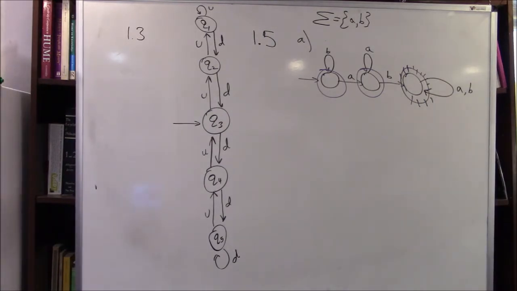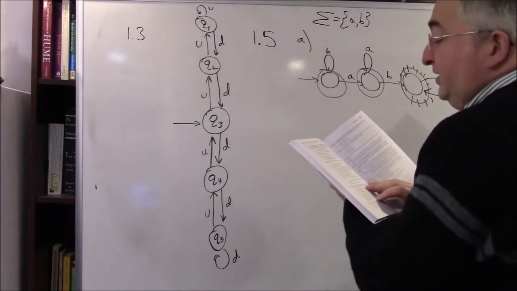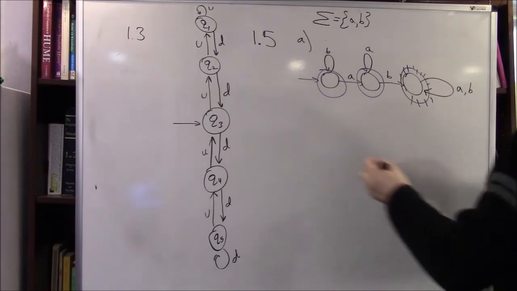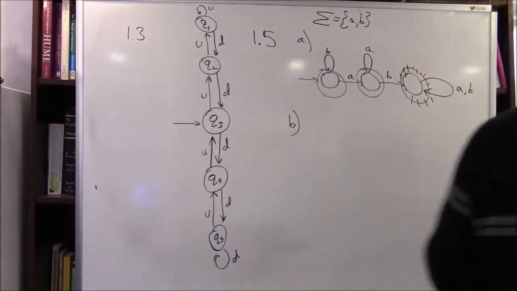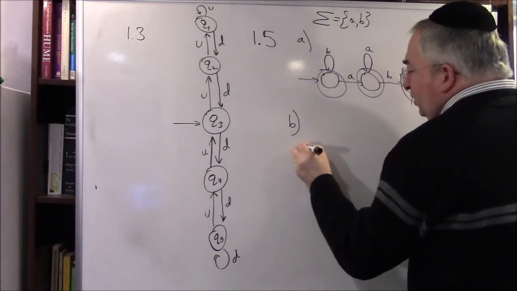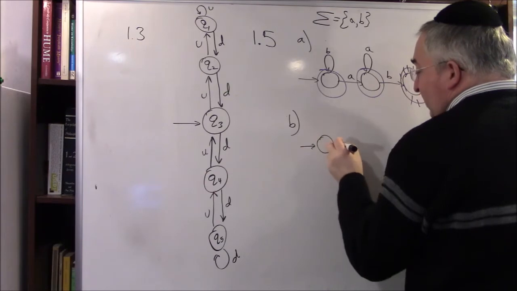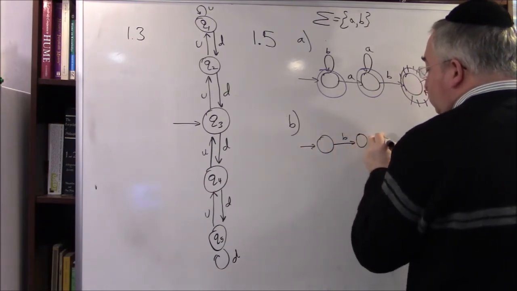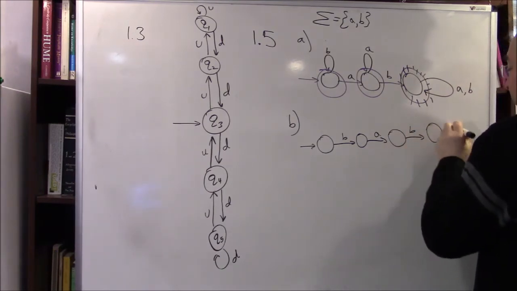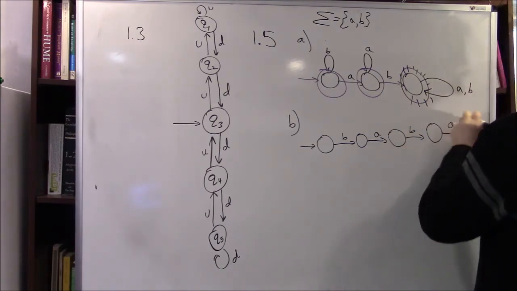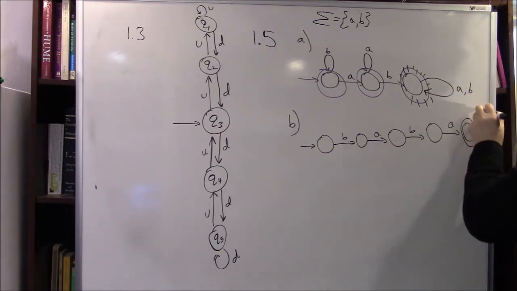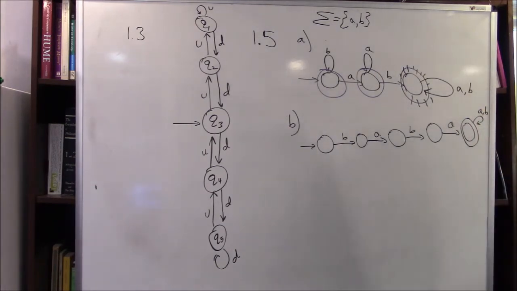The next one is 1.5b, does not contain the substring BABA. So basically we look for the ones that do contain BABA. And once you get it, you're happy.